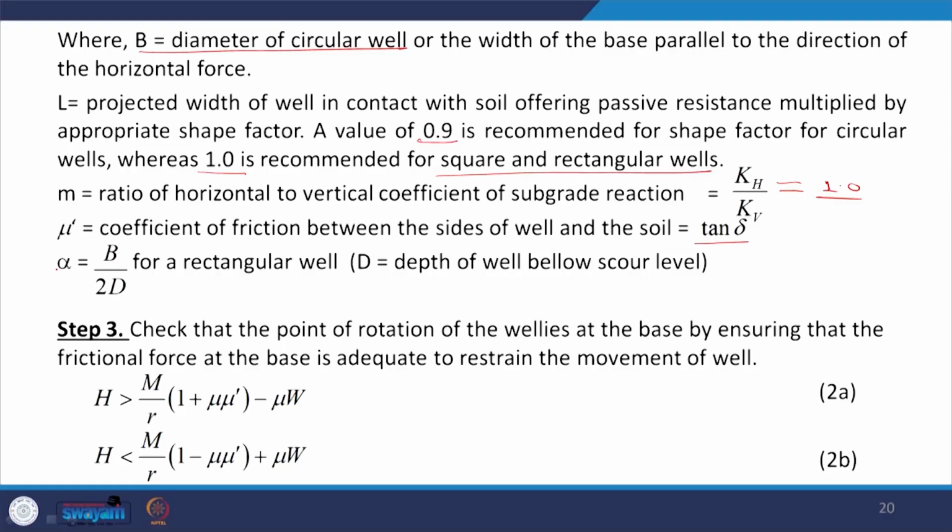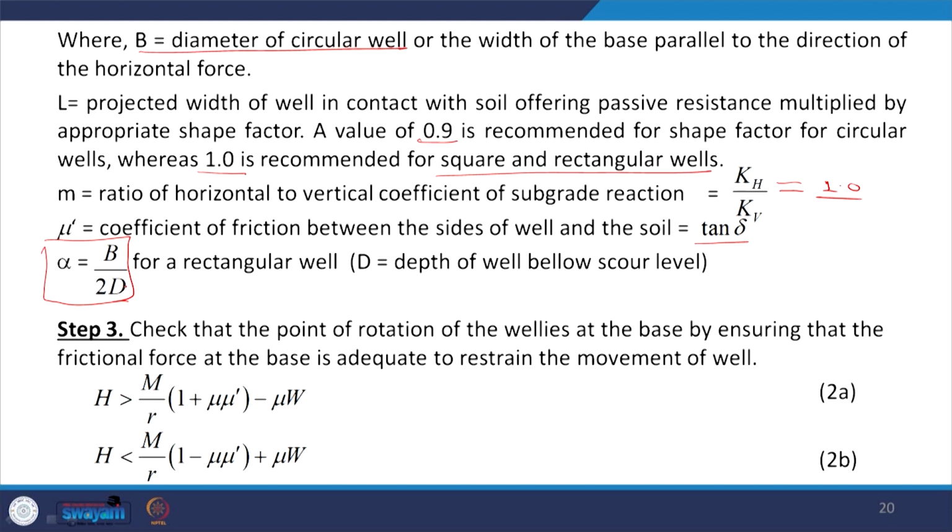So, once delta is known, mu prime can be known. Then alpha, which is coming in equation number 1, is given by B by 2D. Again you need to understand that D is not the diameter here. B is the diameter, divided by 2 it will be the radius, and then it is divided by the depth of the well.